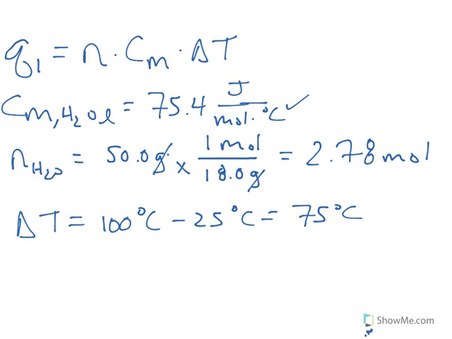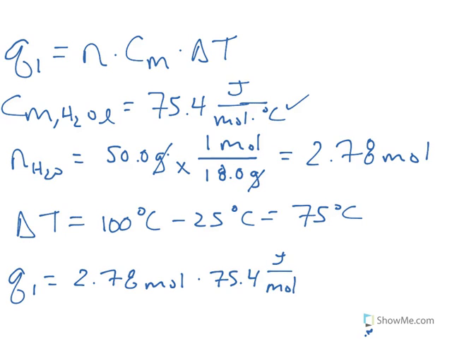So that's totally fine. Now I'm going to put it all together. Q1 is equal to 2.78 mole times my molar heat capacity of 75.4 joule per mole degree C times my delta T of 75 degrees C, and I get 15,721 joule.